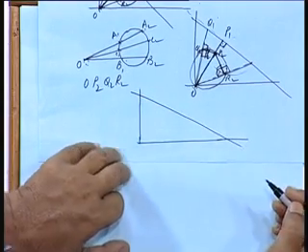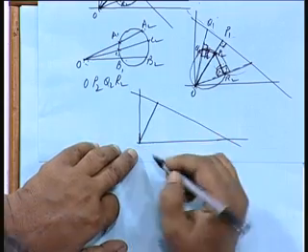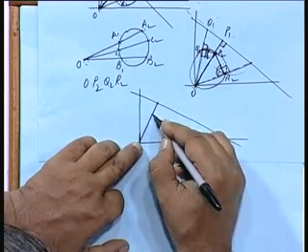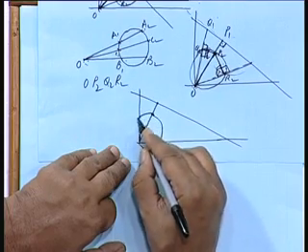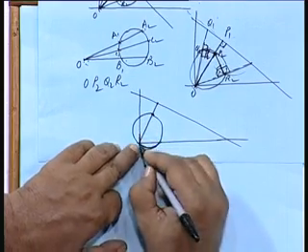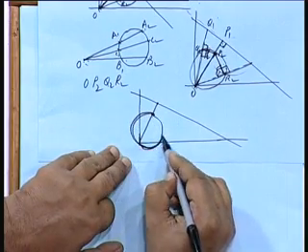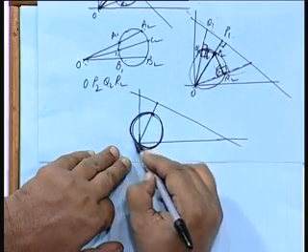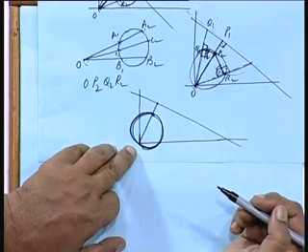What will be its inverse? Draw a perpendicular, take its inverse and then draw a circle with this as the diameter. So, the origin is included, all right. So, this will be the circle.